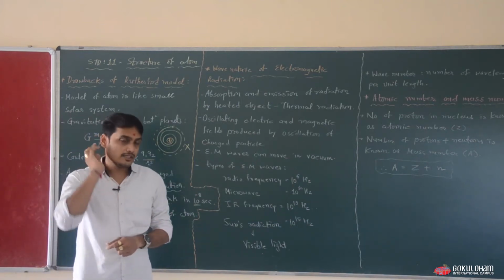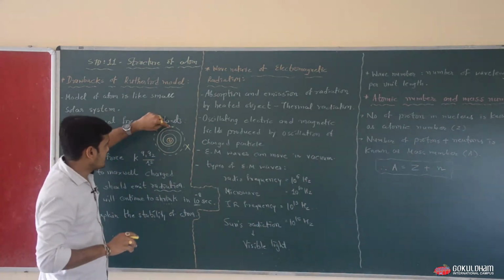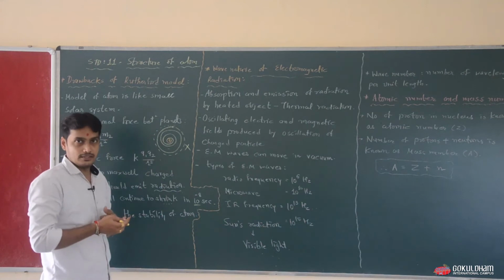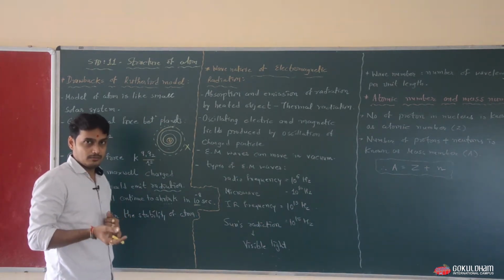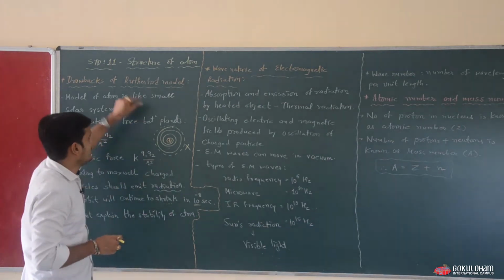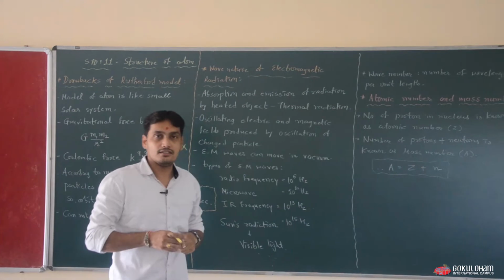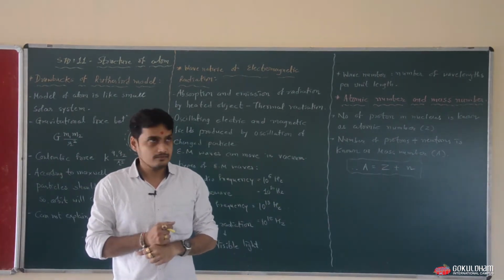So the electrostatic force can accommodate the electrons in specific orbits, and in orbit electrons are present in orbitals. So we can easily say that Rutherford cannot explain the stability of any atom in chemistry.